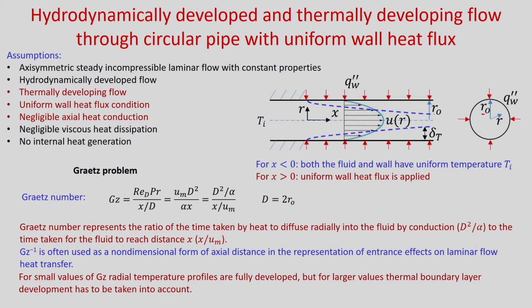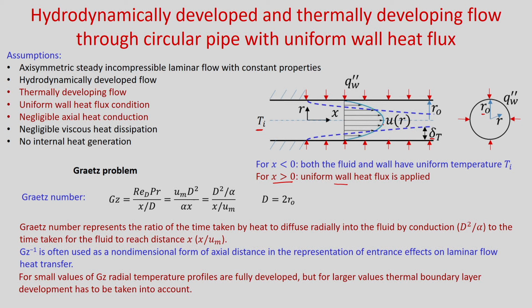If x is less than 0, then both the fluid and wall have uniform temperature Ti. After x greater than or equal to 0 you have the uniform wall heat flux boundary condition and your thermal boundary layer starts growing from x equal to 0. So, this is your thermal boundary layer thickness.